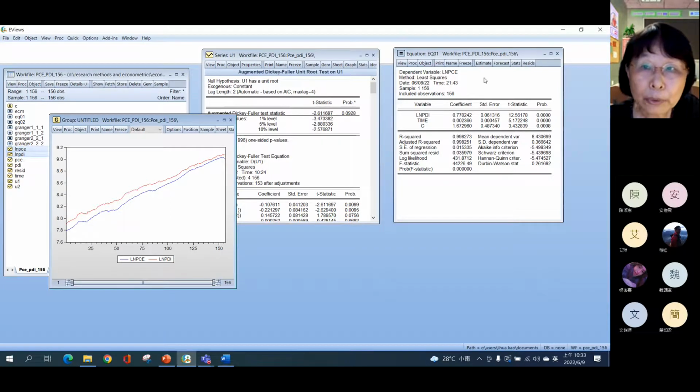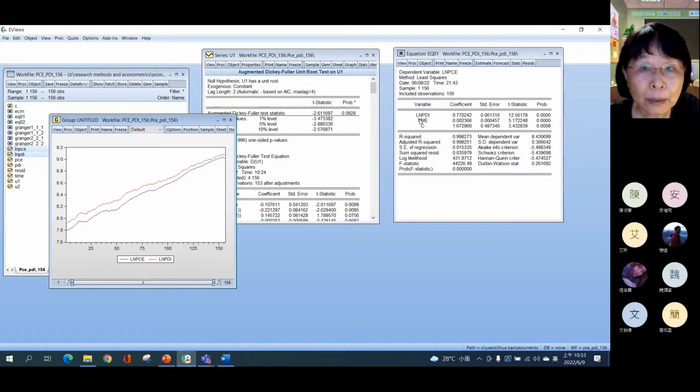And based on the co-integrating regression, we know the LMPCE and LMPDI have a long run relationship, which means an equilibrium relationship. And this coefficient 0.77 is what we call the long run equilibrium relationship.